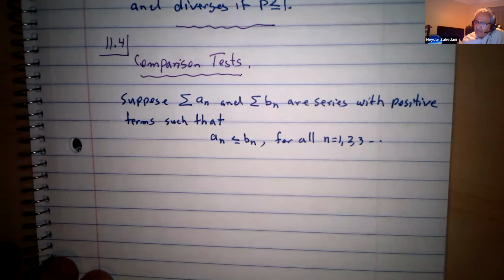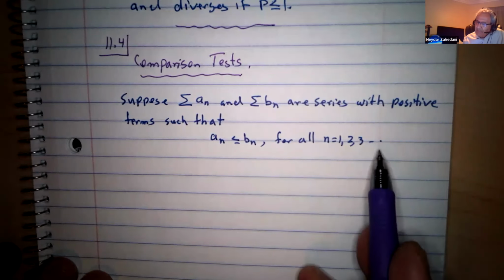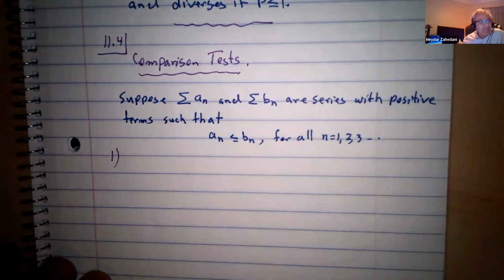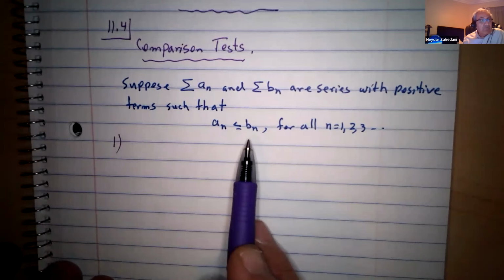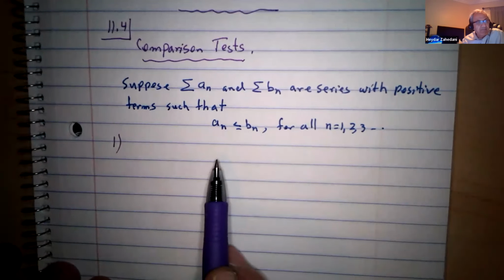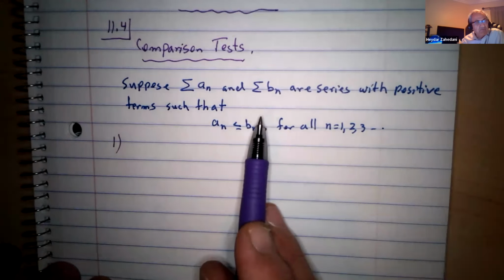Part one: if the bigger series is convergent. Convergent means it is getting somewhere, the sigma of bn would be a fixed number.